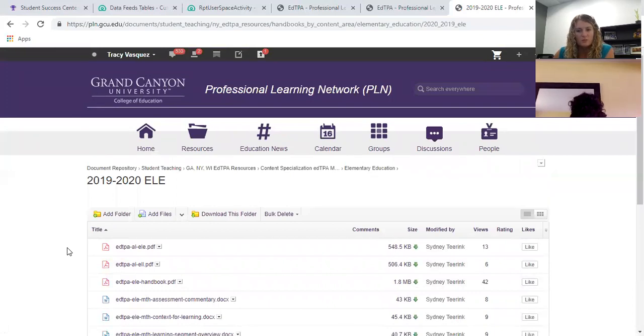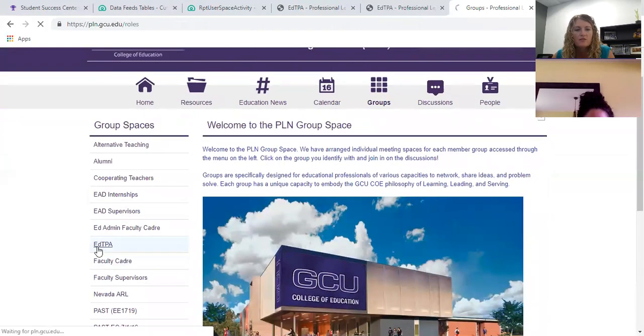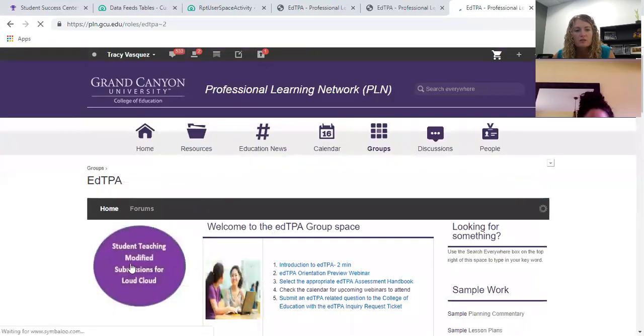And so the last thing I wanted to show you is the checklist. So remember yesterday in stage 4, we were looking at the handbook, and I was showing you where you can find what to submit, where for each task it's listed A, B, C, D. You can use that as a checklist, but I also want to show you something that we've created to help you keep track of meeting all of the EdTPA requirements.